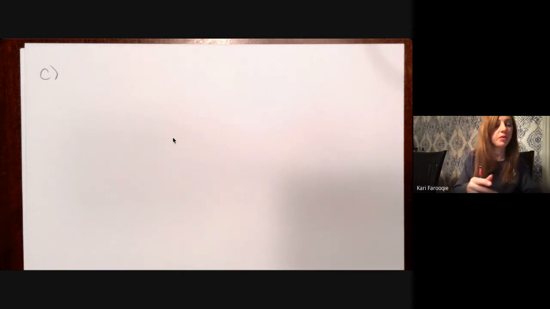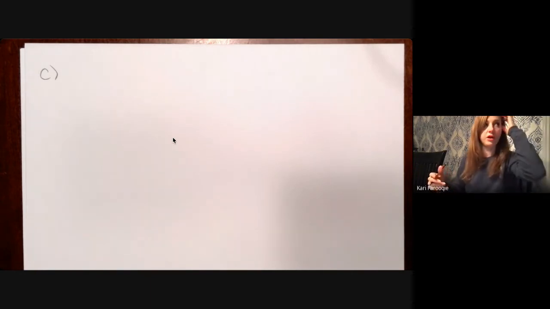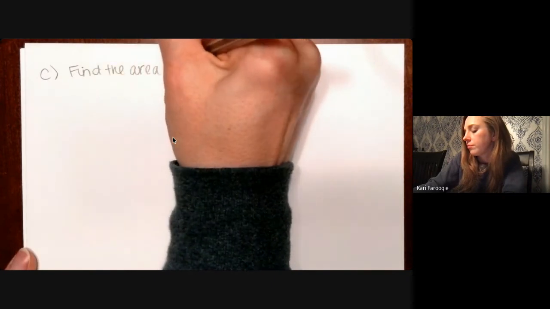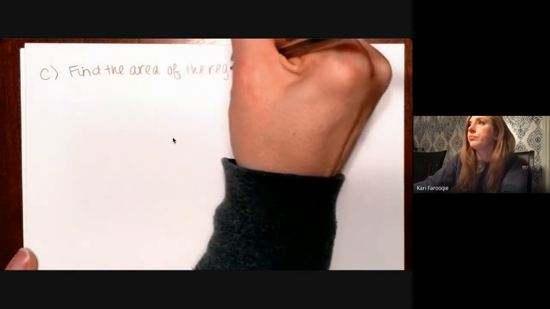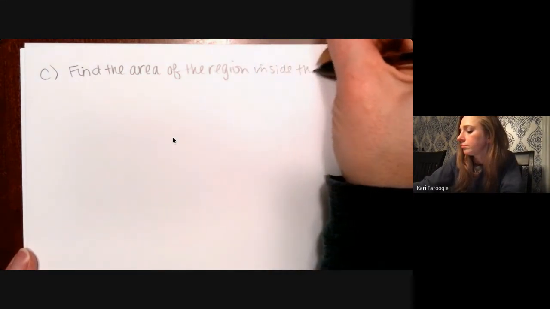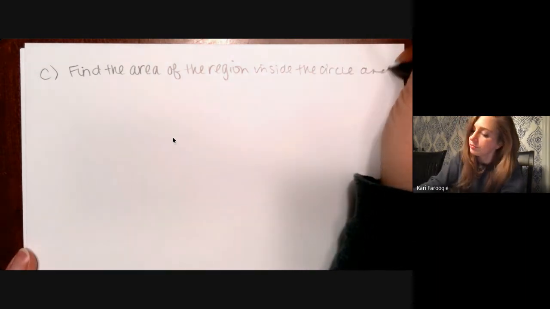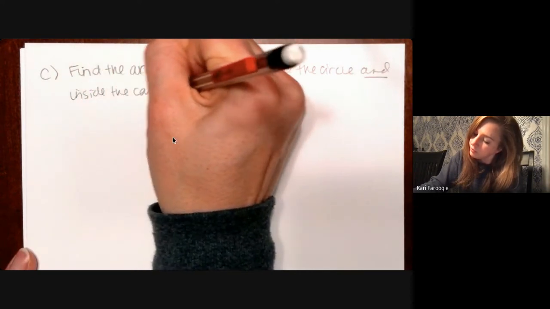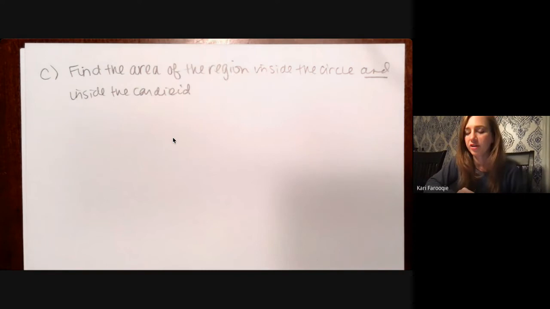Okay. So for C, we are going to find the area of the region inside the circle and inside the cardioid. So this is not like one of those algebra questions where it's like an and or an or.